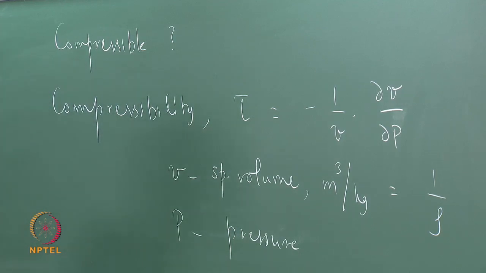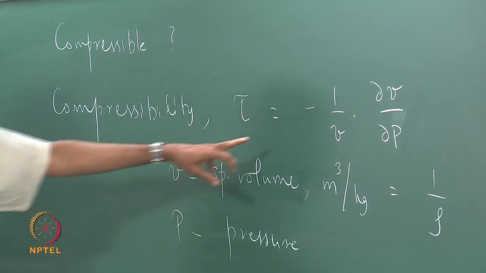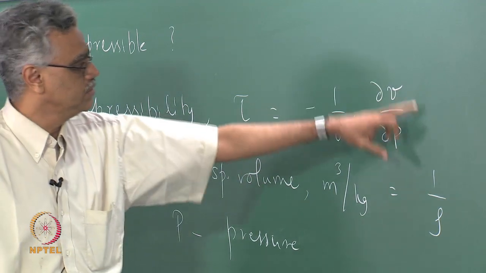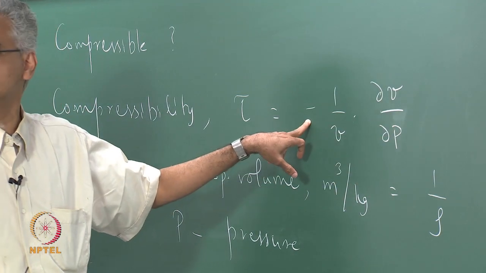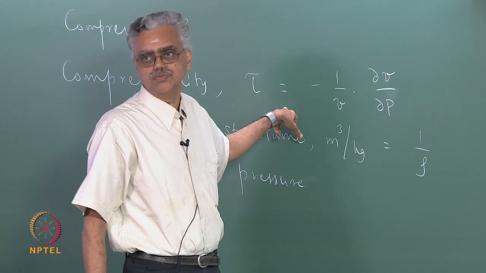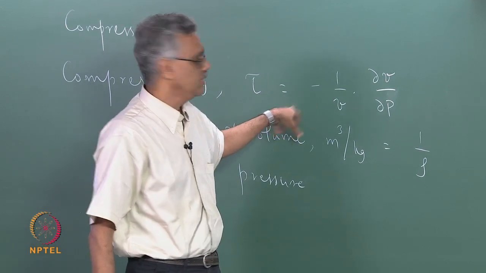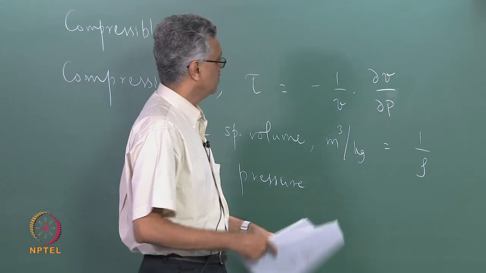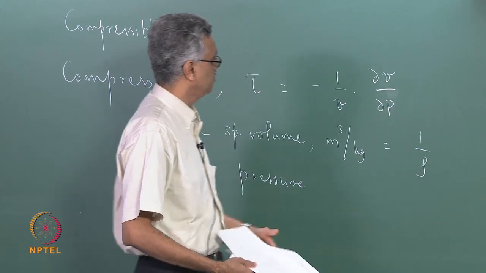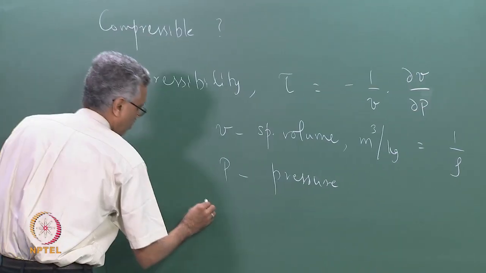So this is how compressibility is defined. Since partial V, partial P is negative, the negative sign here ensures that compressibility is a positive number. Okay.